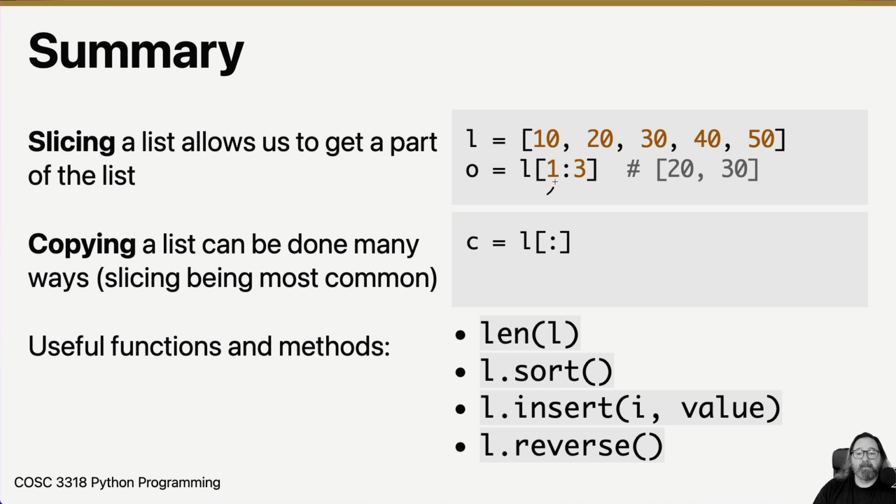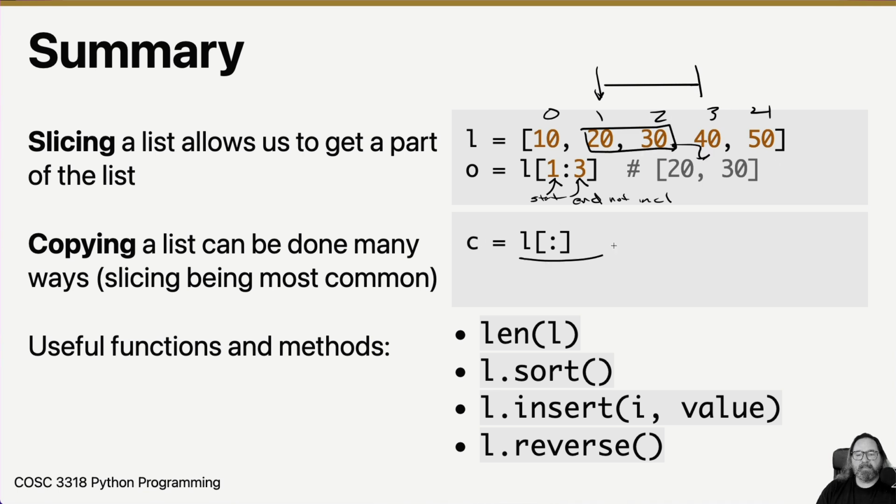Slicing a list is getting a new list from the old list. The first index is where we start, and the second index is where we end, but not including that one. So in this case, our indexes are 0, 1, 2, 3, 4. We start at index 1, and we go up to, but not including, 3. So this is the value that would come out of that slice, and that's what we see.